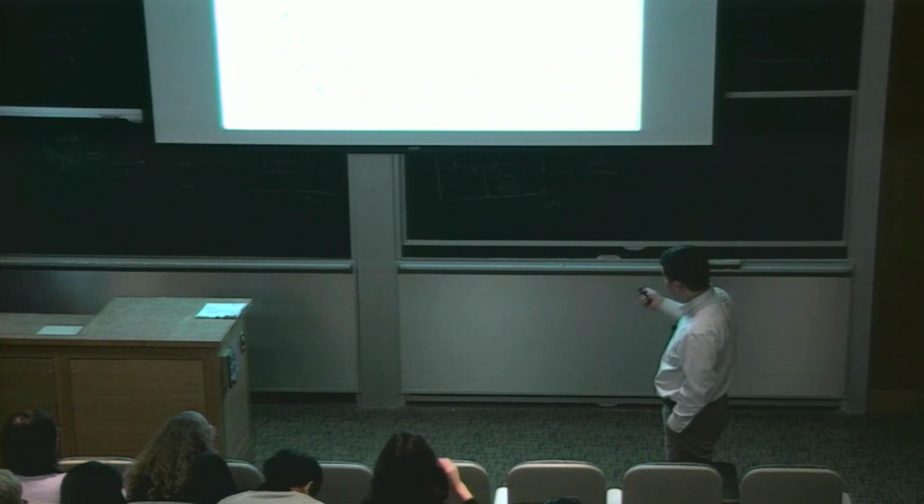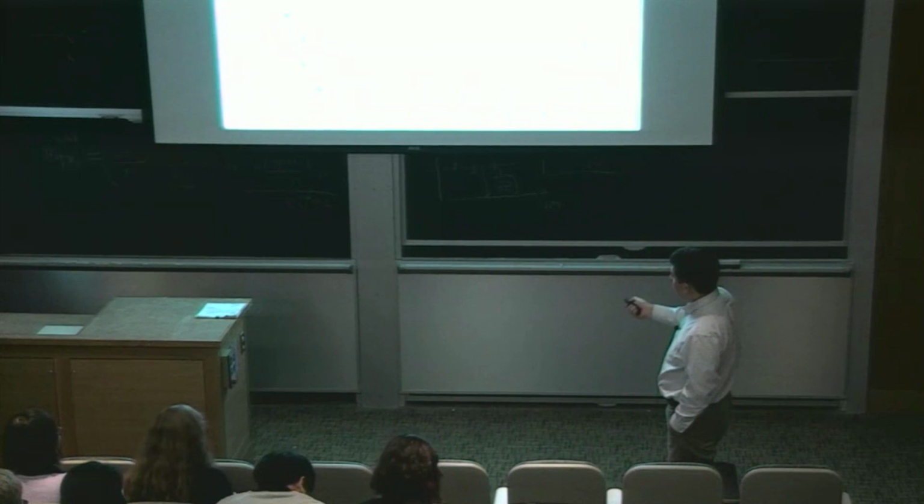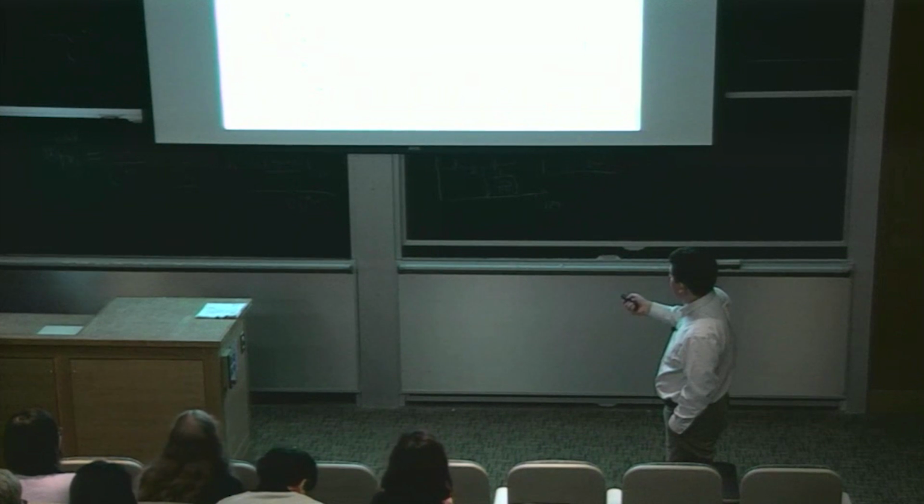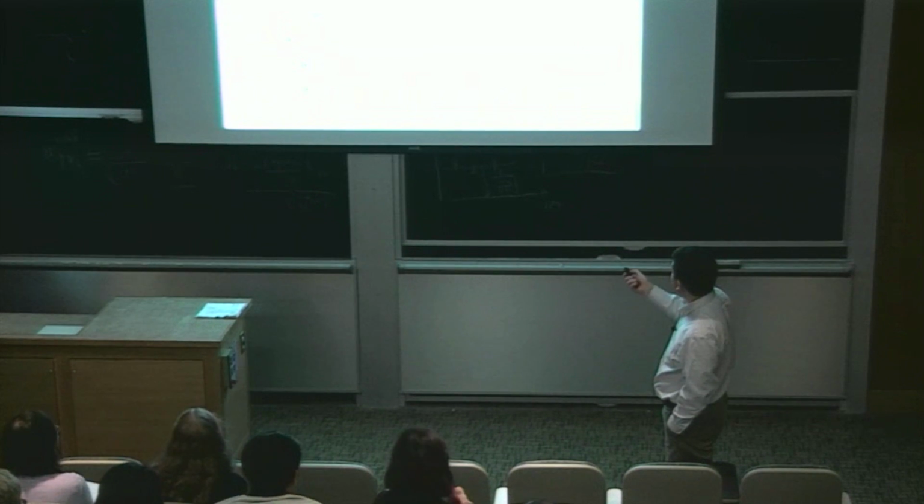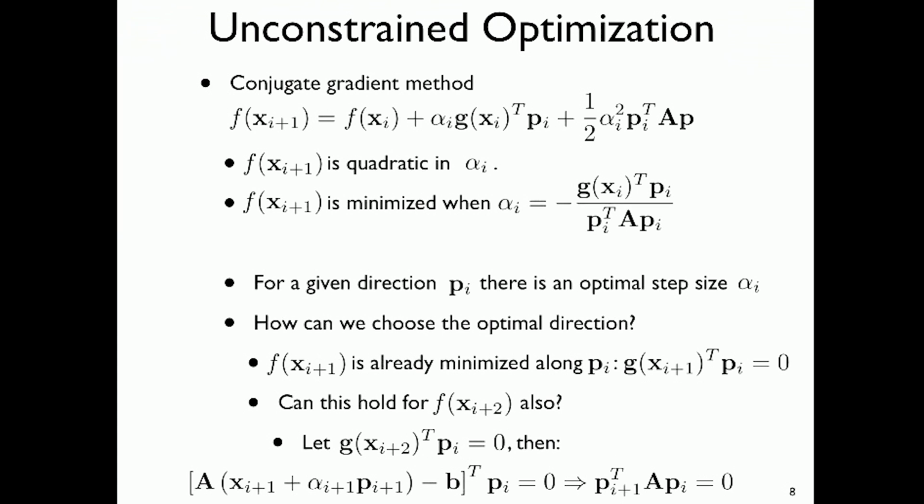Okay. So it turns out you can solve, right? You can calculate what this gradient is. The gradient in this function is Ax minus b. So you can substitute exactly what that gradient is. This is x_{i+2} minus b dotted with p. This has to be equal to 0, and you can show that means that p transpose A times p has to be equal to 0 as well.